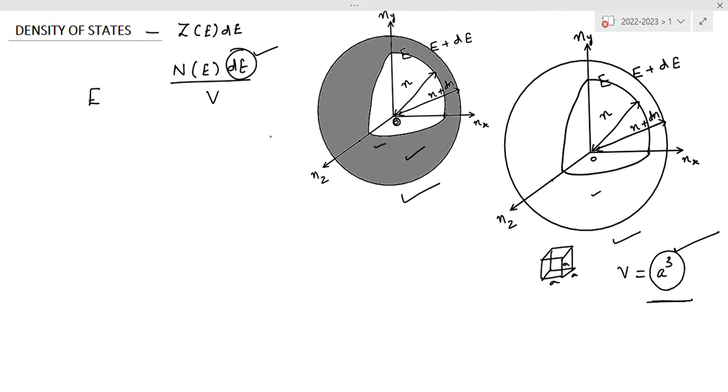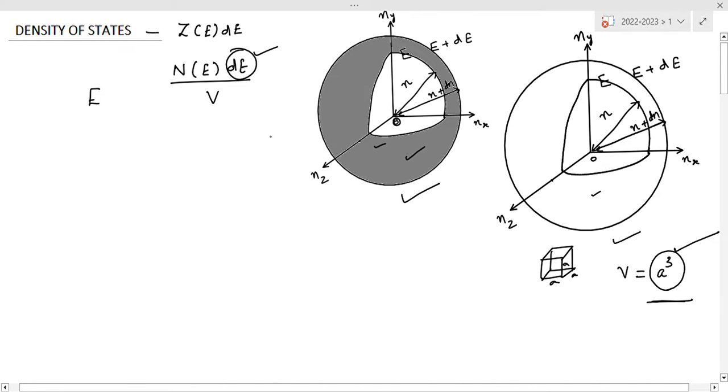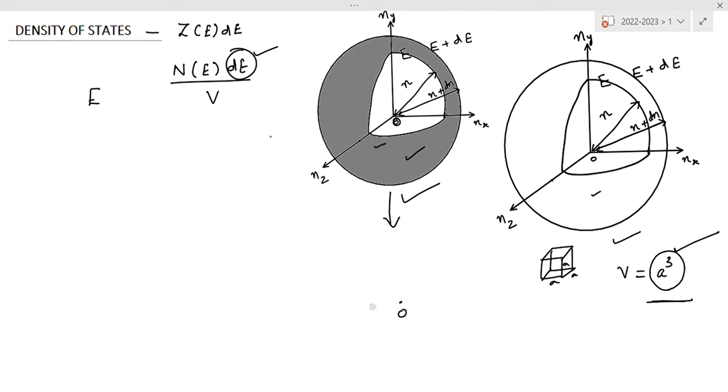Here N represents the radius of energy E.